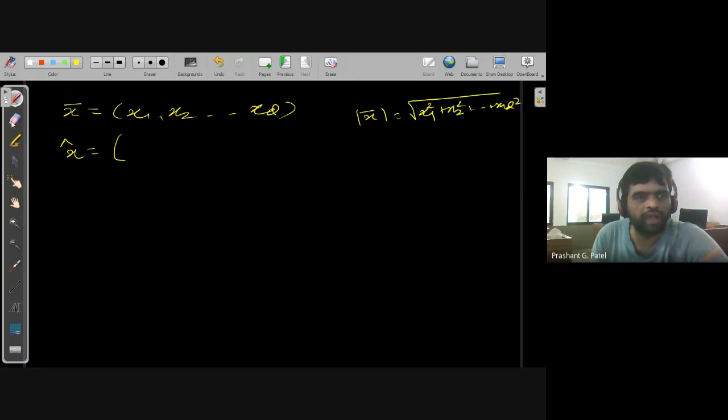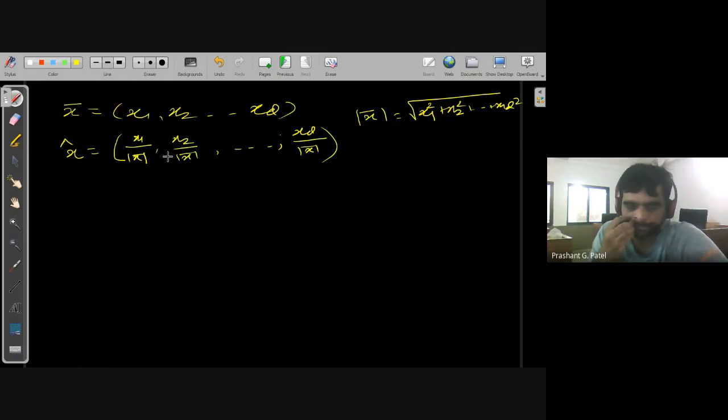So you will have x1 upon mod x bar, x2 upon mod x bar, up to so on xd upon mod x bar. So this is a normalized vector, and this falls inside the unit ball. It is a unit vector, namely x bar upon mod of x bar.